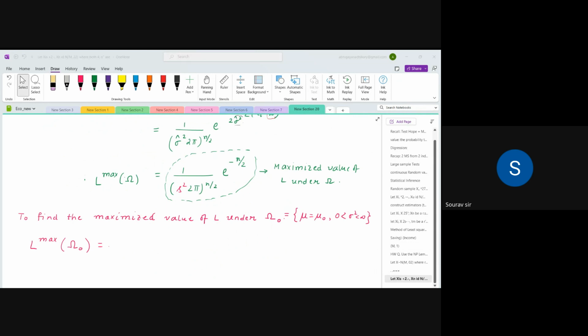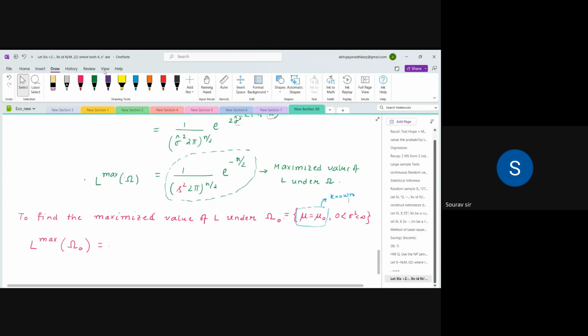Now note something over here. Under this omega naught set, obviously, in order to find out the maximized value of the likelihood function, you need to replace the maximum likelihood estimates of mu and sigma, right? Similar to what we had done in the previous step. But under this set, you don't have two variables. Mu is given. Mu is a known value under omega naught. Mu equals mu naught. So this is known. So that means under omega naught, the only value that you don't know is sigma square.